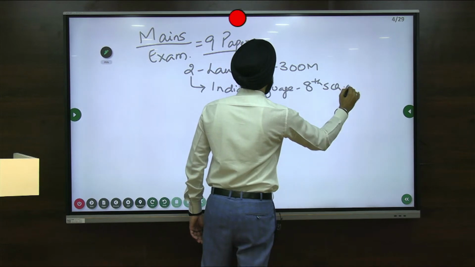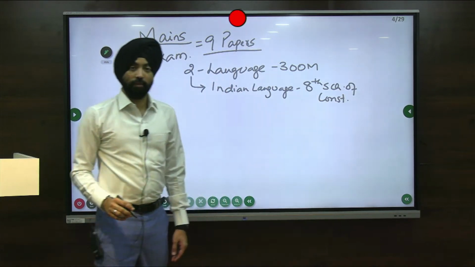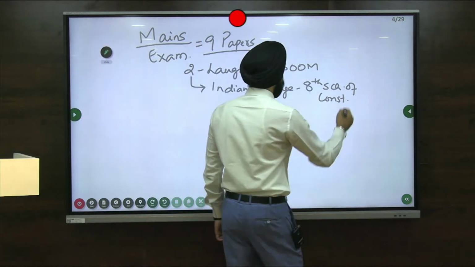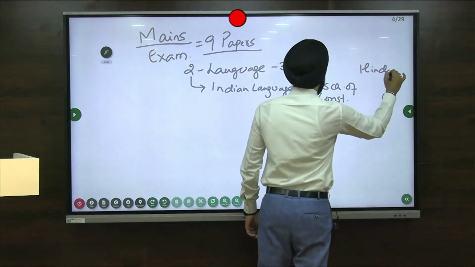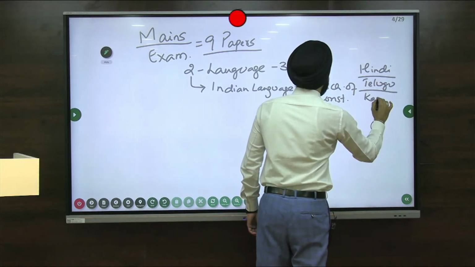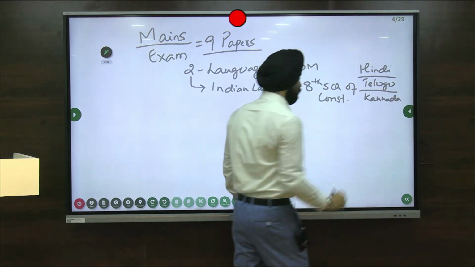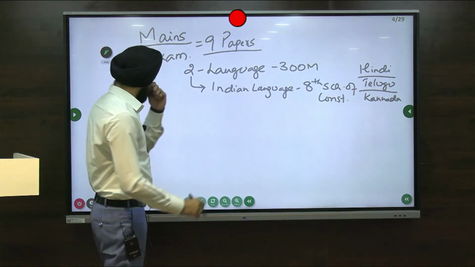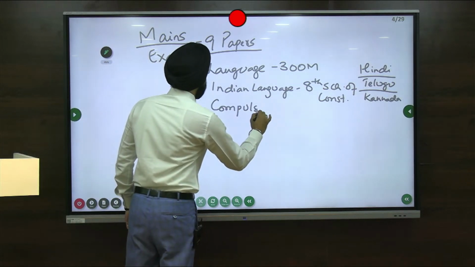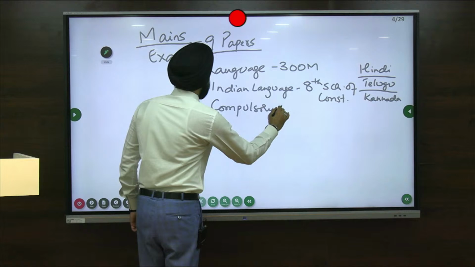Generally, students take either Hindi, Telugu or Kannada, depending on the state they belong to, as their first language paper. The second paper is the compulsory English paper.